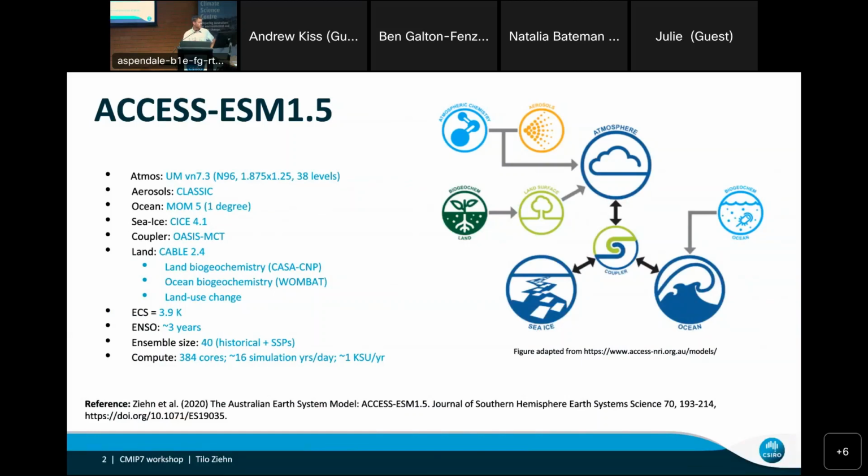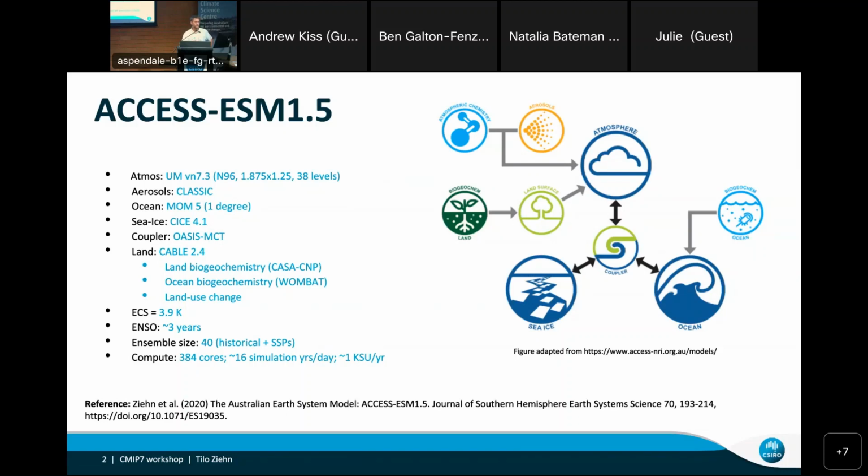It's based on an older atmospheric component, UM7.3, at N96 horizontal resolution, roughly 1.9 by 1.3 degrees at 38 vertical levels. It uses an older aerosol scheme called Classic. It uses MOM5 as its ocean model, SIS 4.1 for the sea ice component, and it uses the OASIS MCT coupler.